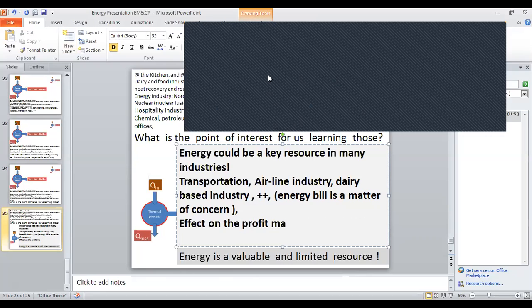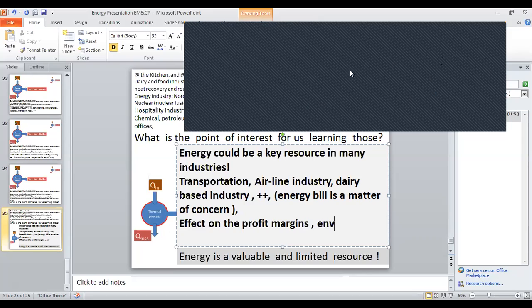It has a great effect. This is quite significant. And the logistic challenges sometimes, energy-related logistics may be challenging.